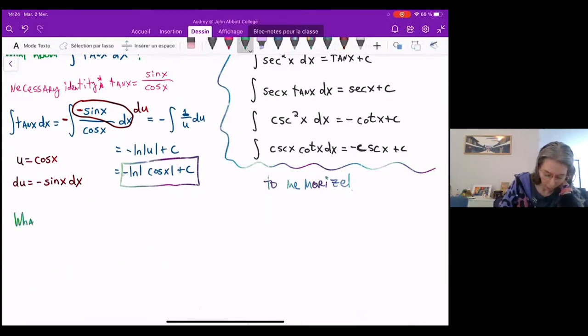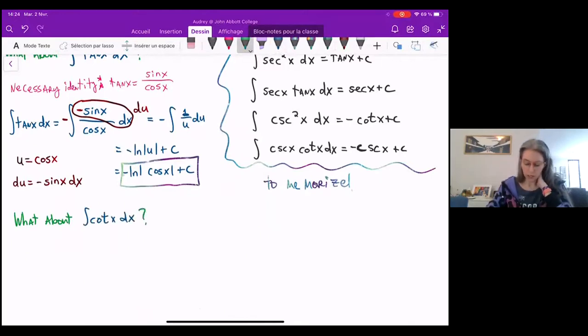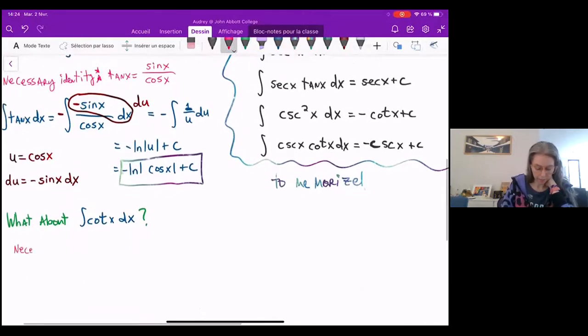So now let's look at the integral of cotangent x dx. Here, I'm just going to tell you that the necessary identity is that cotangent x is actually equal to 1 over tangent x, or in other words, it is cosine x over sine x.